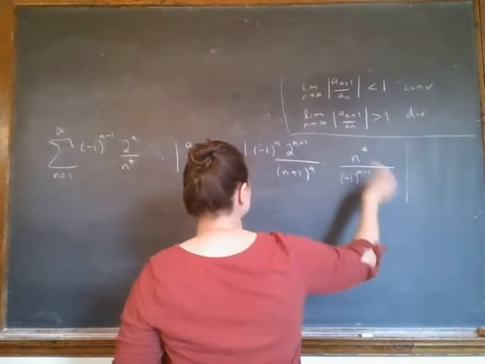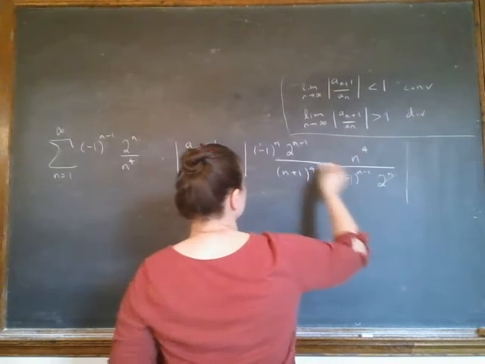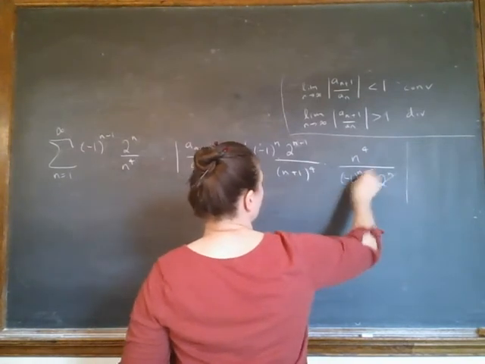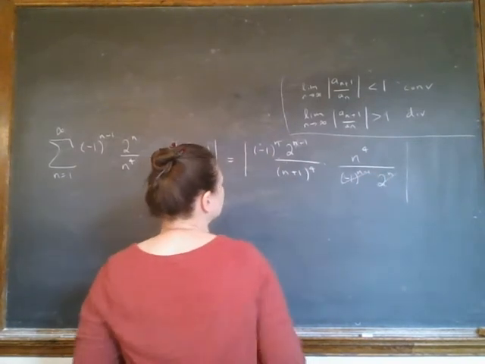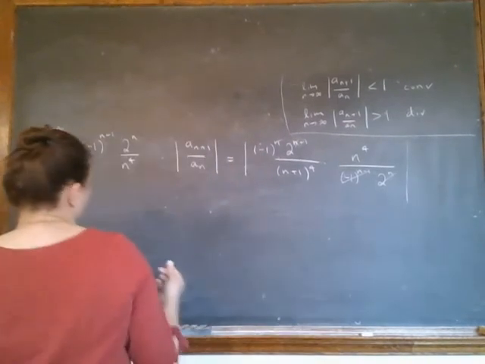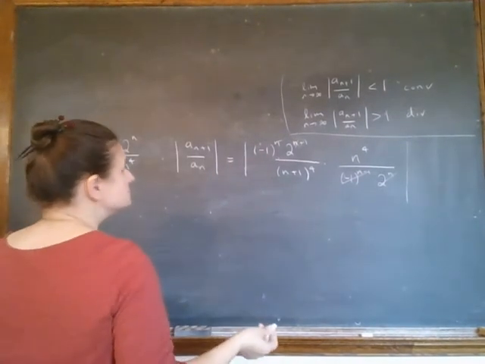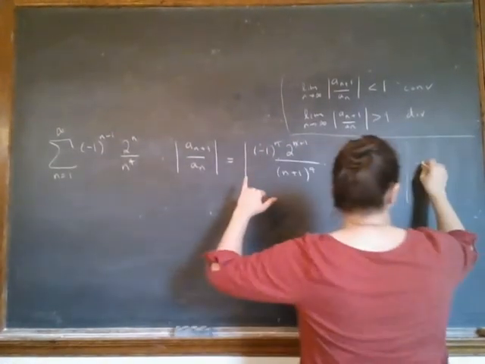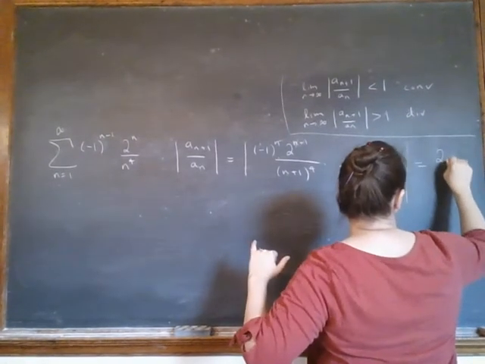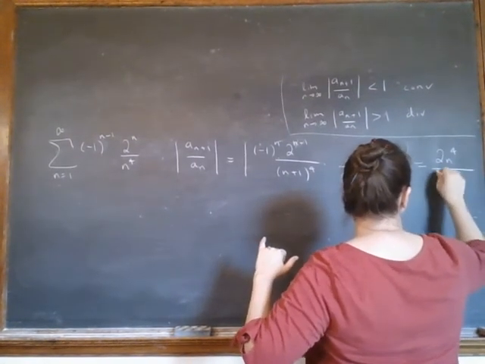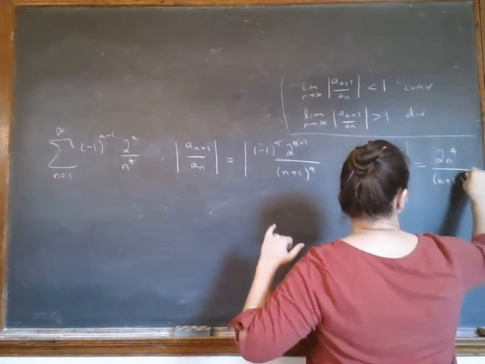I can't cancel these out, but I can cancel out the 2 to the n and most of those, right? But they'll get killed by the absolute value anyway. So what I really have here is (n plus 1) to the 4th over 2n to the 4th.